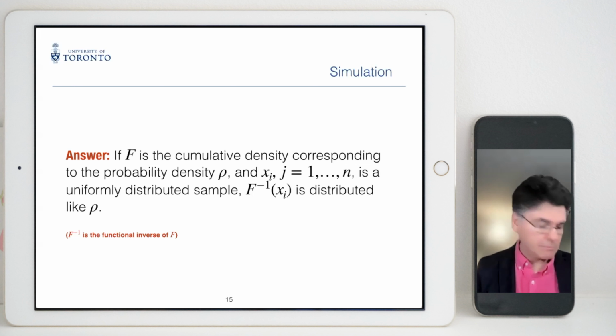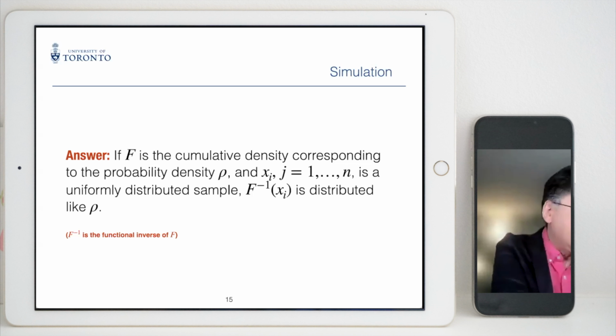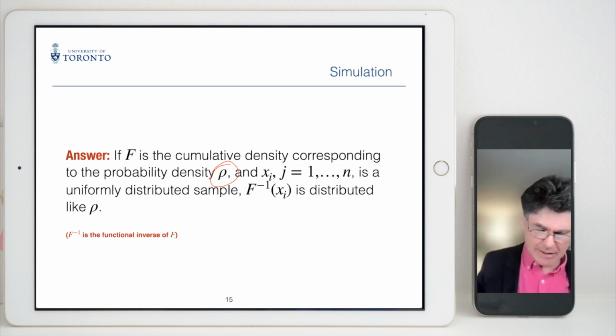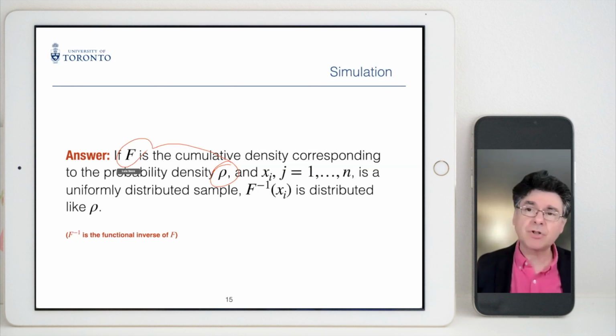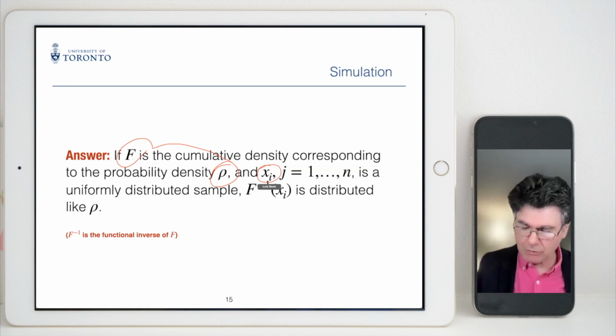How do I do that? That's exactly how I do it. It's in front of us. I have an idea of the distribution for the price of gold, which has an associated cumulative distribution function F. I take some uniform samples in the interval 0, 1, and I calculate that.